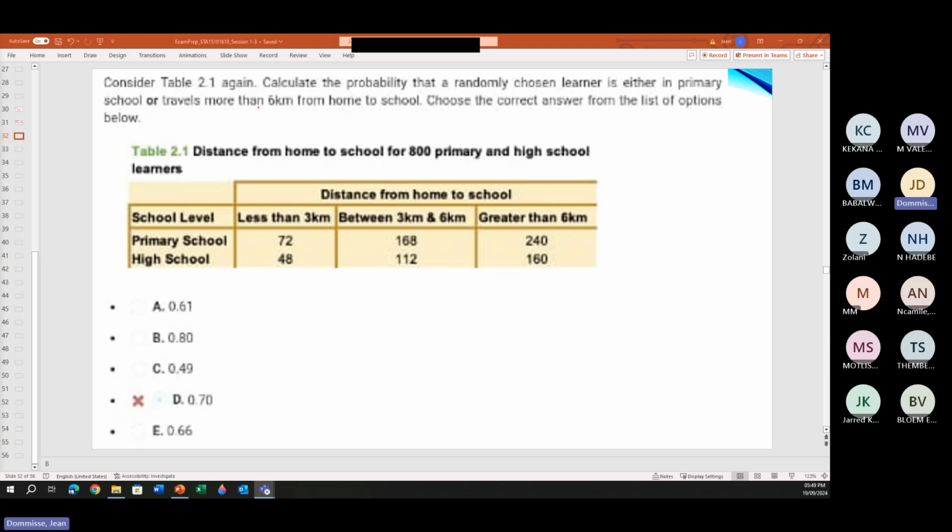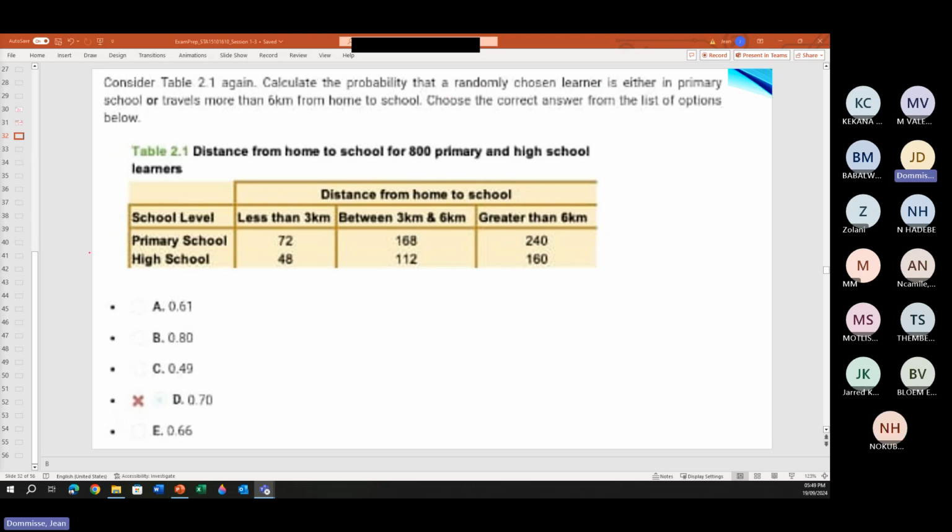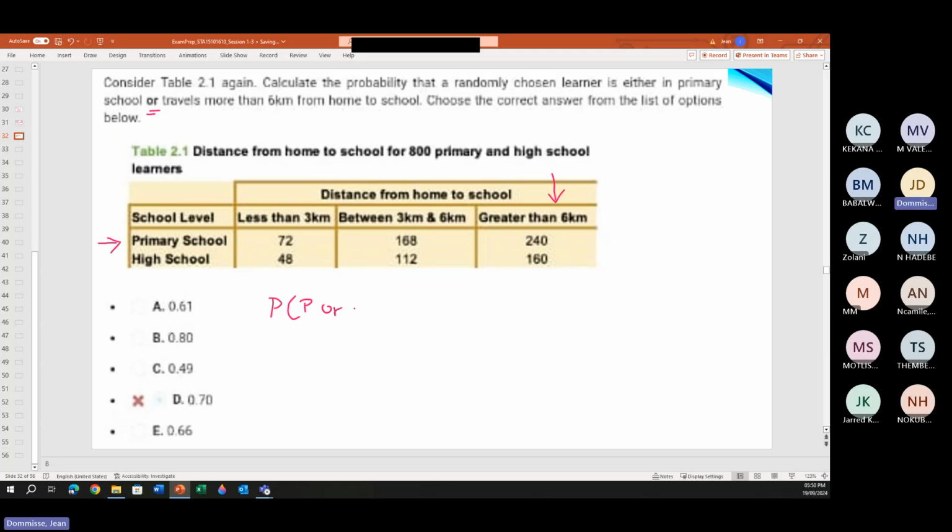So in this option, consider table 2.1. Calculate the probability that a randomly chosen learner is either primary school or travels more than 6 kilometers from home to school. Okay, so probability primary or greater than 6 kilometers.